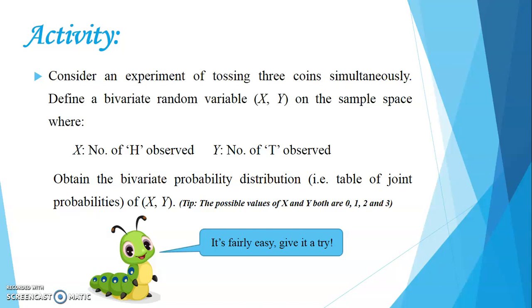Now like we have done in this case, I want all of you to give it a try to find the bivariate probability distribution of x and y. You can consider x as a column or a row, the choice is up to you. I want all of you to try and obtain the table of joint probabilities. X and y both will be taking values 0, 1, 2 and 3.